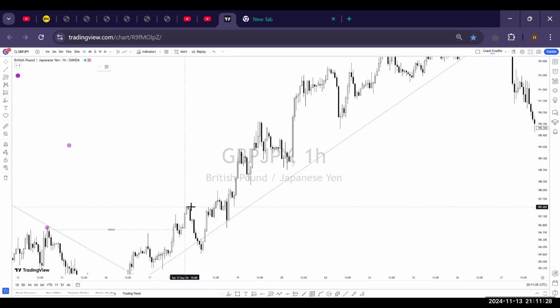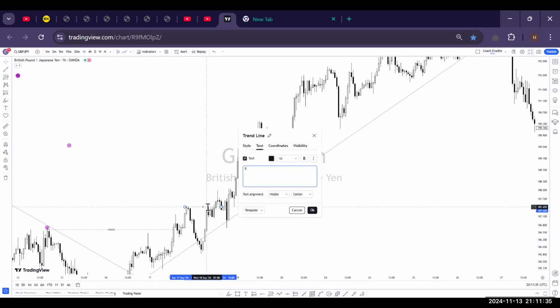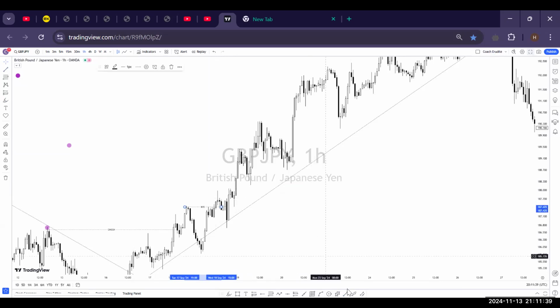Here's a break of structure. Then we have the impulsive move, correctional phase, impulsive move. There's a break of structure.